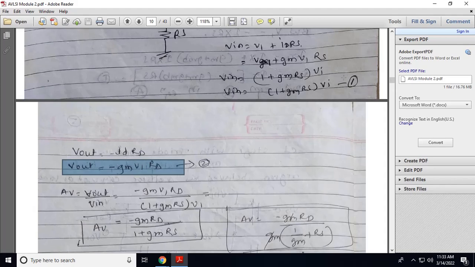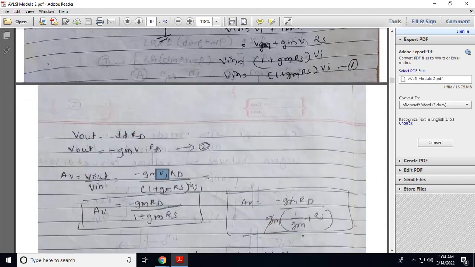So from equations 1 and 2 we can take the ratio of Vout by Vin, that is the voltage gain. Voltage gain is the output voltage divided by input voltage. So AV is equal to Vout by Vin, and that is equal to minus GM V1 RD divided by 1 plus GM RS V1.